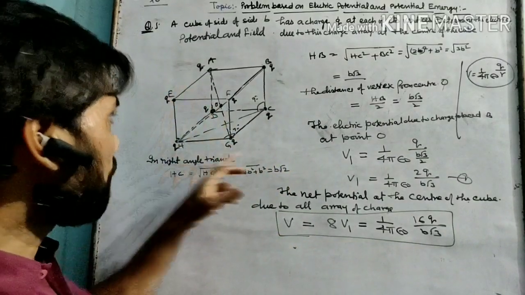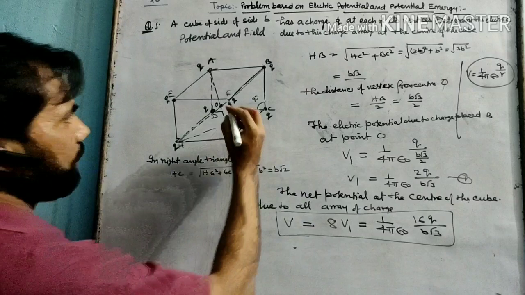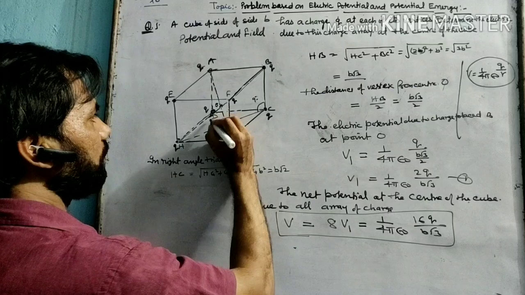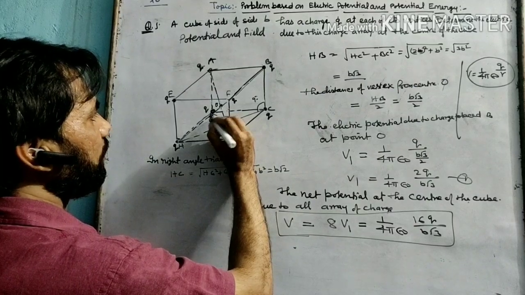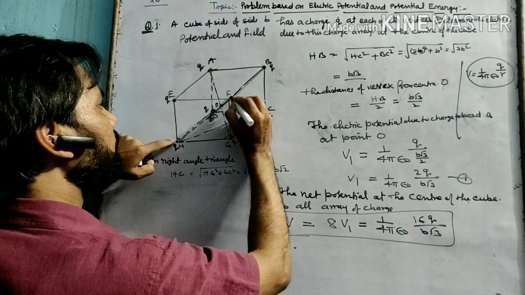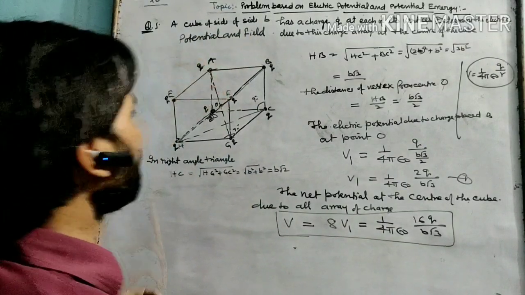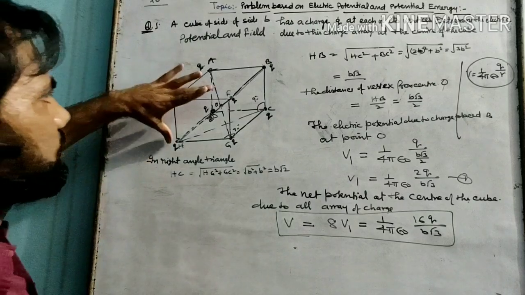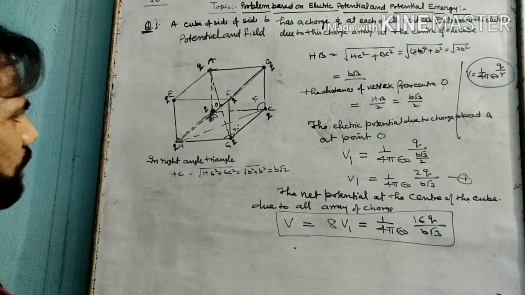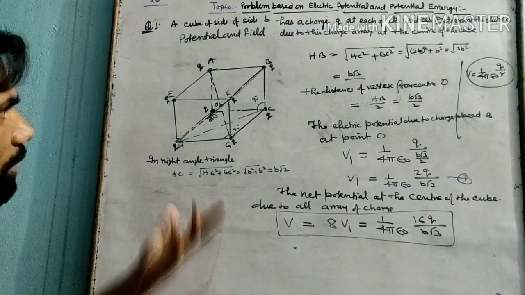Now in this problem we have also calculated the electric field at the center. As you can see from the figure, the electric field because of the charge placed at B is in this direction, and because of the charge placed at H will be in this direction. Since the charges are along the diagonal, opposite to each other, the distance of the charges from the center to the vertex will remain the same.